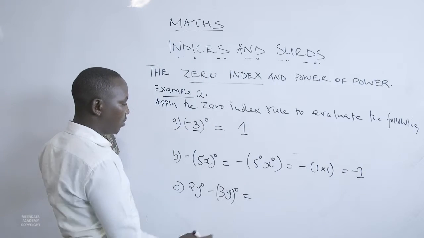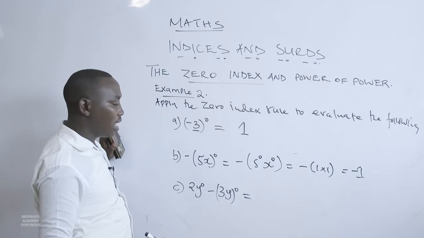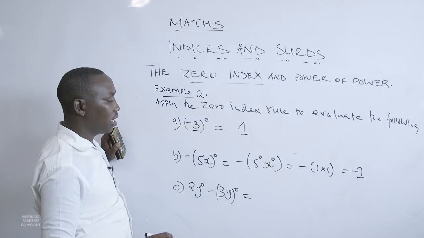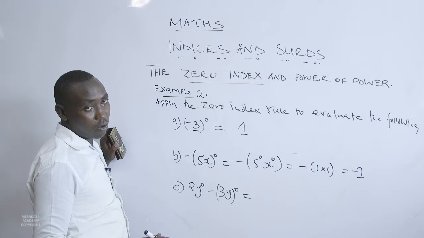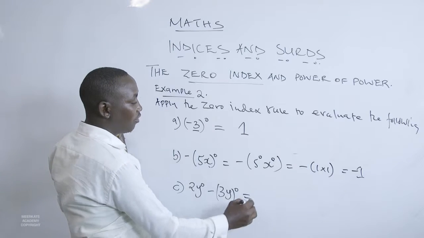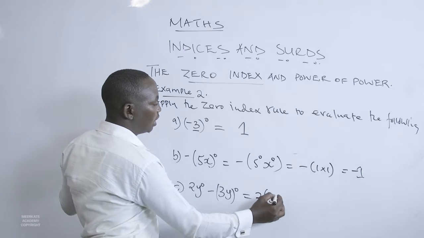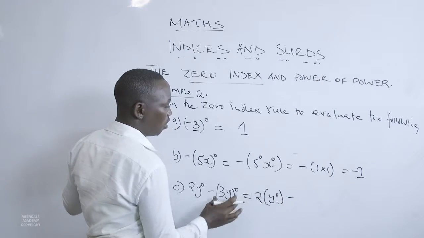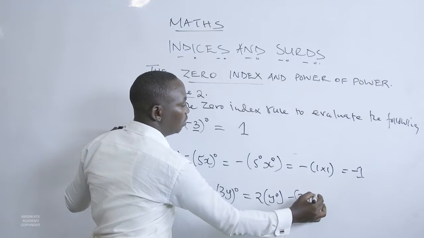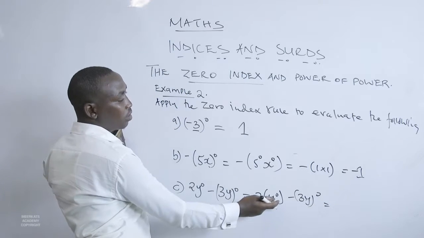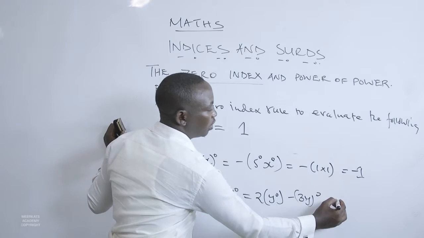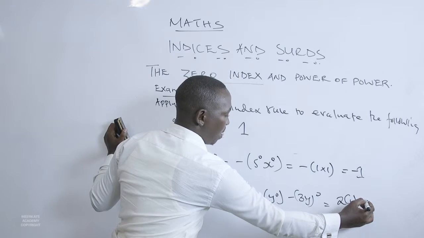Then finally, you have 2y raised to 0, subtract 3y, the whole of it raised to 0. Now in this case, 2 is not affected. 2 is outside, then y has been raised to 0. So y raised to 0 will be 1. So this will be 2 multiplied by 1.